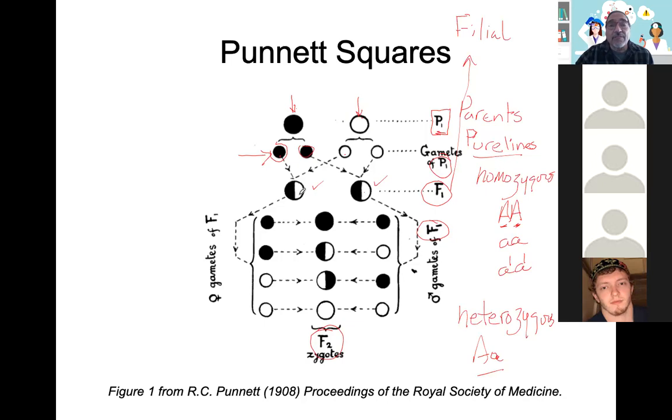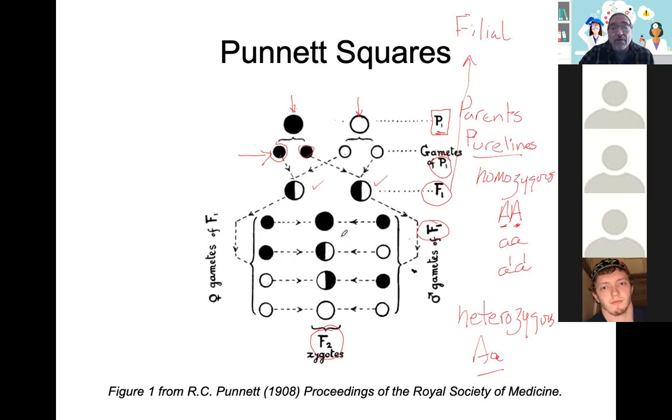And then here comes the fun part. When these F1 individuals that are heterozygous undergo meiosis, half of the gametes will contain a black allele and half white. Same thing on the other side, half black, half white.